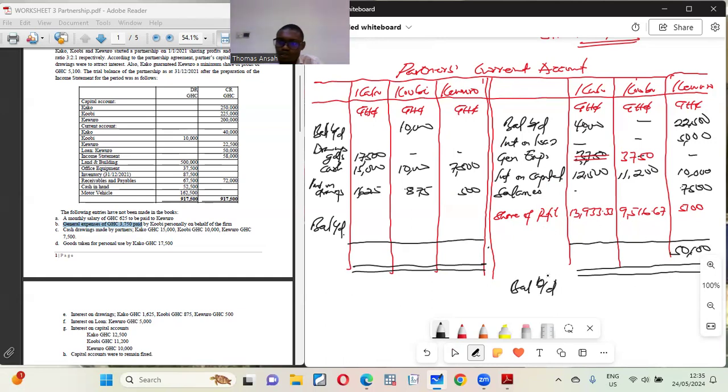Immediately, I know these two is 8,000, right? So I can just do minus 8,000, which tells me that my balance carried down here is 42,100. And that is the one that will go to my balance sheet.